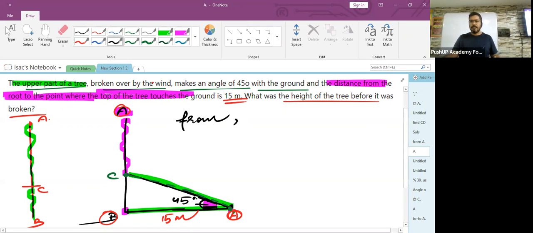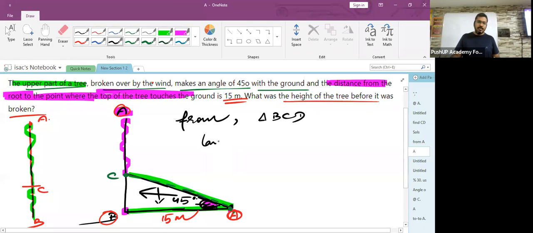Okay. So from this triangle BCD, look here. I need to find the value of BC. So this is your reference angle, 45 degrees. With reference to that 45 degrees, BC is the opposite side, and AB is the adjacent side.